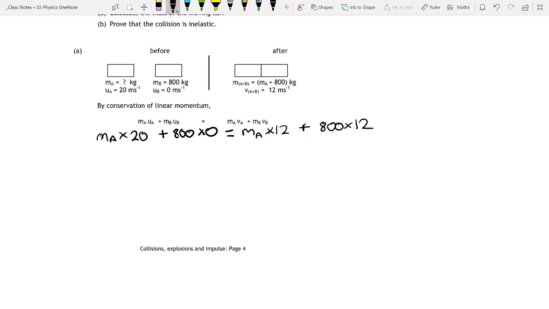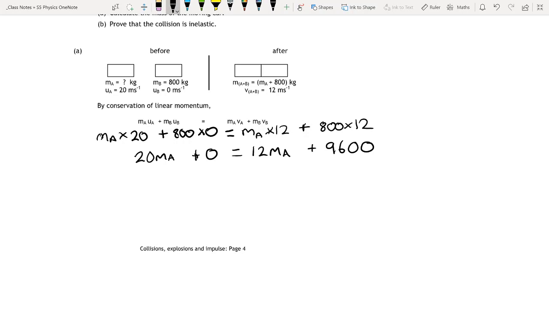So what have we got? We've got 20 MA plus 0, because 800 times 0, equals 12 MA plus 9,600. It looks a lot nicer now, doesn't it, once you put all the numbers in and work things out. At the start, it looks like there are so many different terms, but I promise you there will only be one unknown term. So now we've got basically something x plus something else x plus a number.